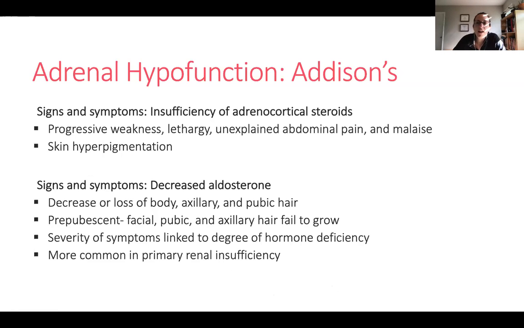They might not have facial hair growth or pubic or axillary hair growth as they're hitting puberty. It depends on the degree of the hormone deficiency how much of that will be affected, and those symptoms are more common in primary adrenal insufficiency.